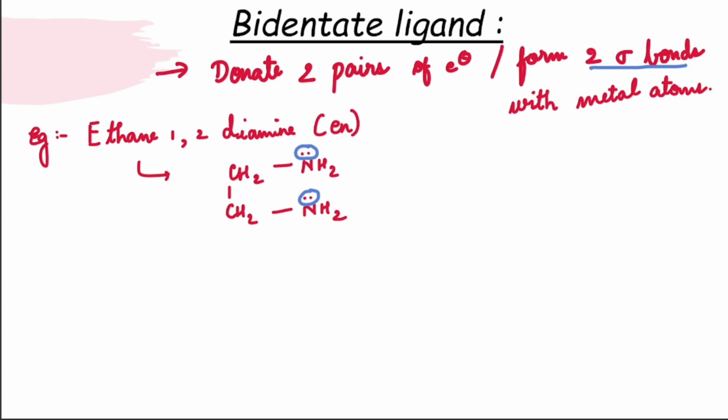Now let's see some other examples for the bidentate ligand. The second example is oxalate. The formula is C2O4 2 minus.